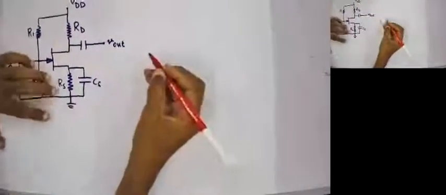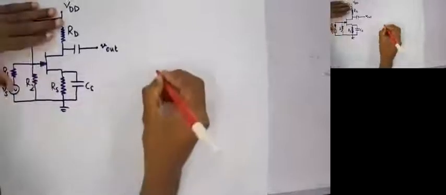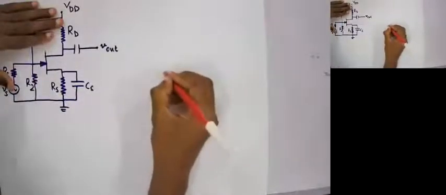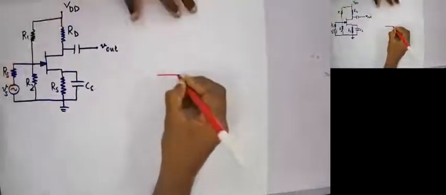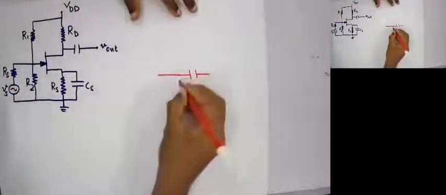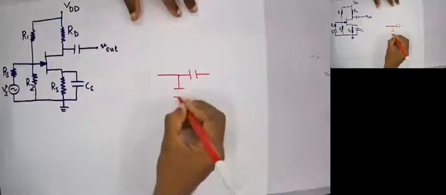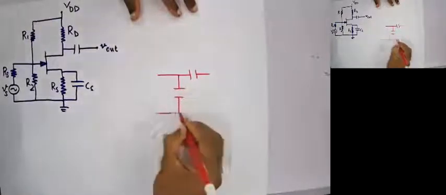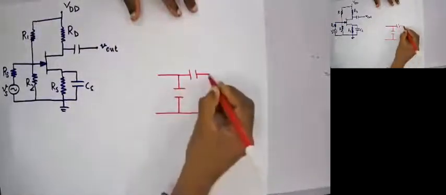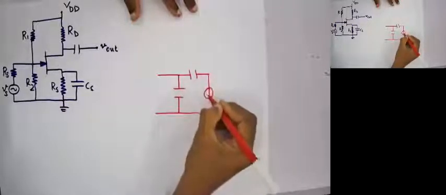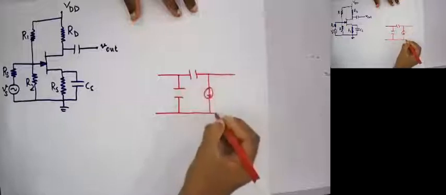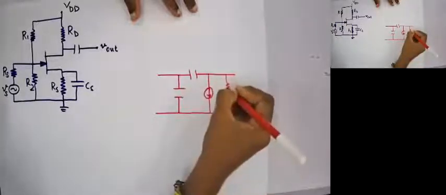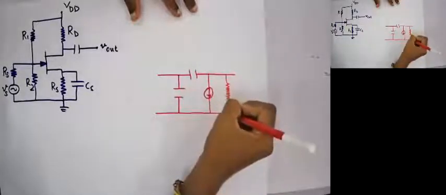So my equivalent circuit for the field effect transistor will be, this is my gate, then here I have my capacitor, right?